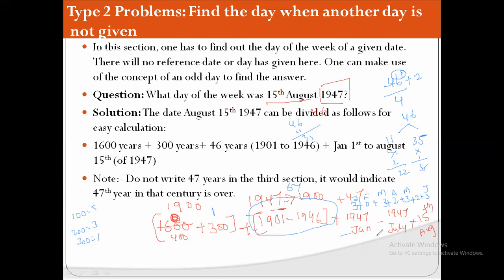So total of this is 16 odd days. And for August it is 15 odd days. So if we see 1 plus 57 plus 16 plus 15, this is the total odd days.